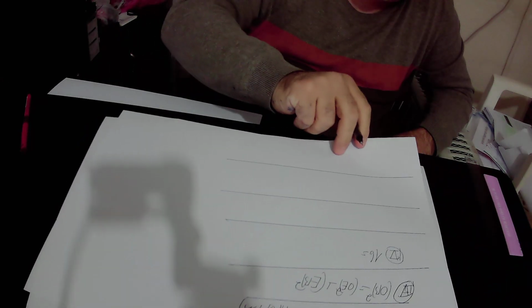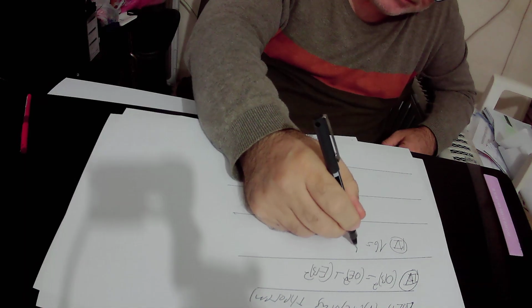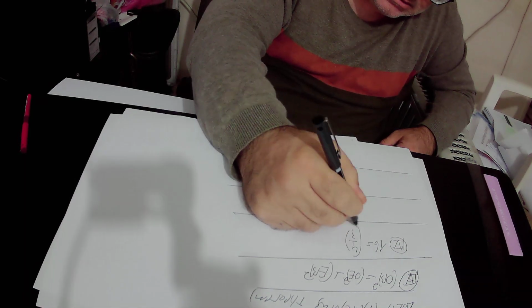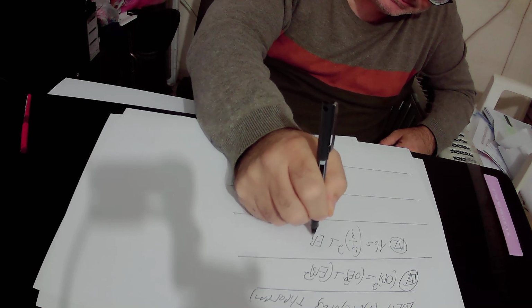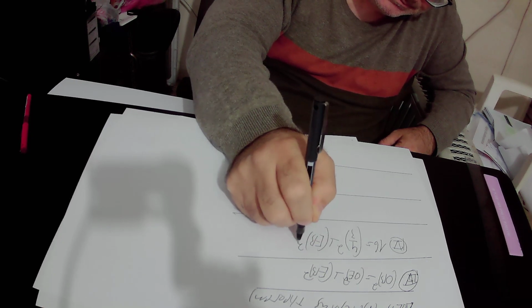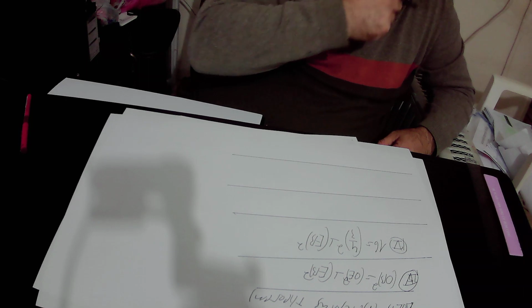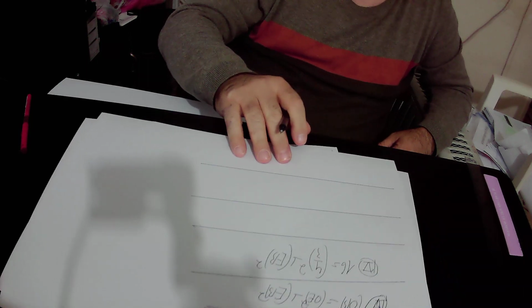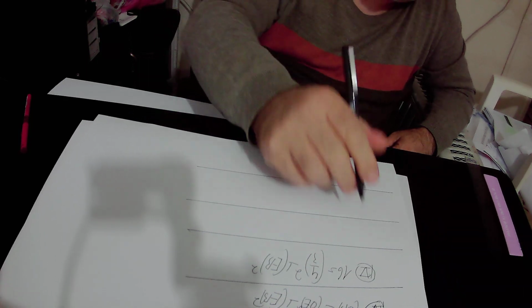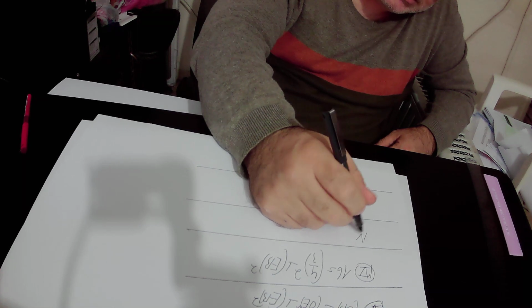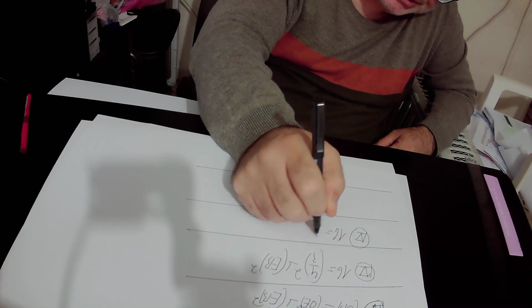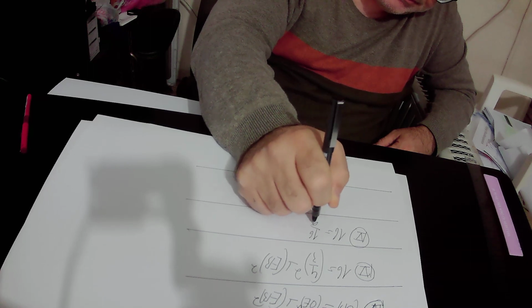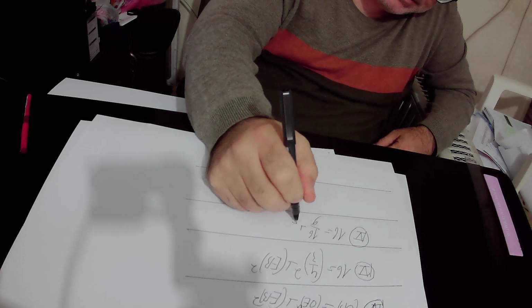OE equals 4/3 units, so OE squared is 4/3 squared, which is 16/9, plus EB squared. So we write it down: 16 equals 16/9 plus EB squared.